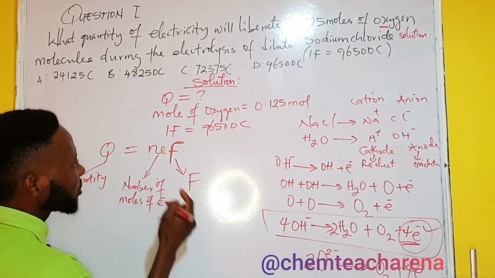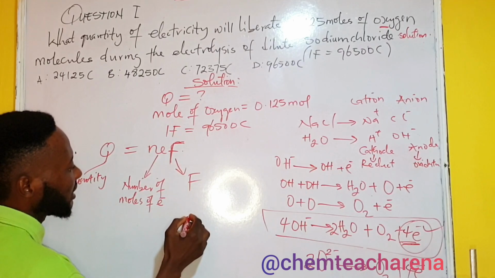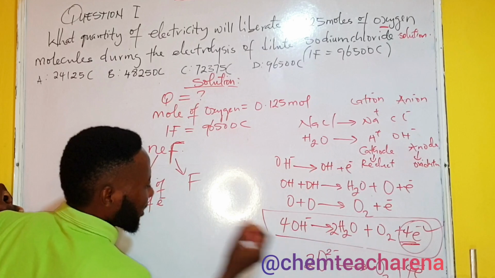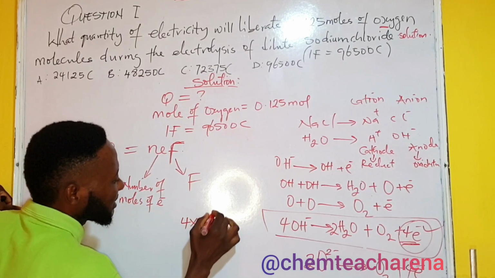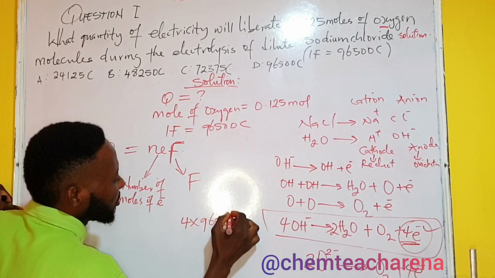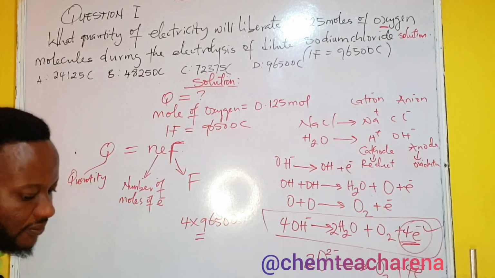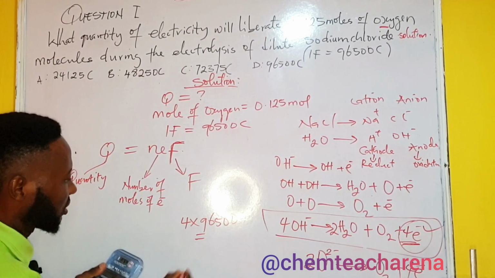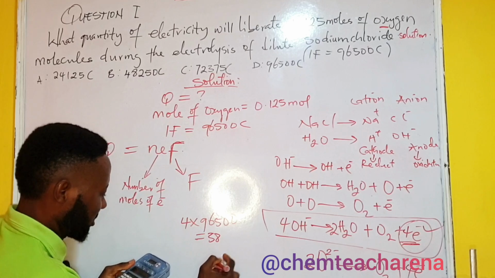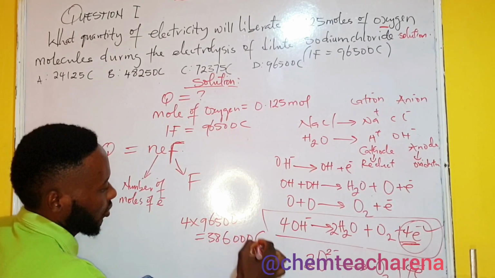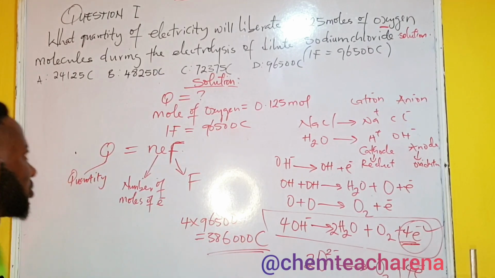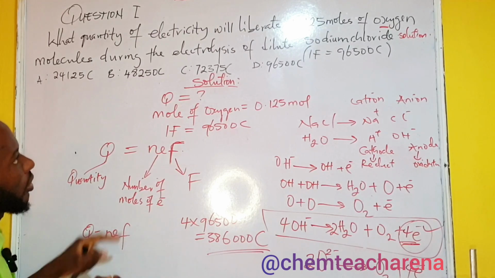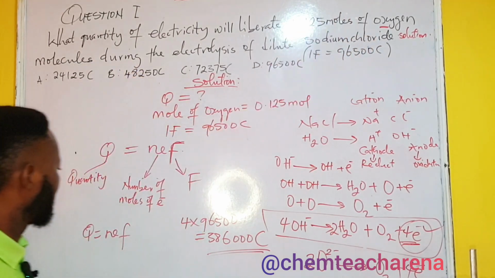So for oxygen now, we have 4 times 96,500, which is equal to 386,000 coulomb. Then I will use my formula, Q is equal to nF. The number of moles of oxygen is 0.125.